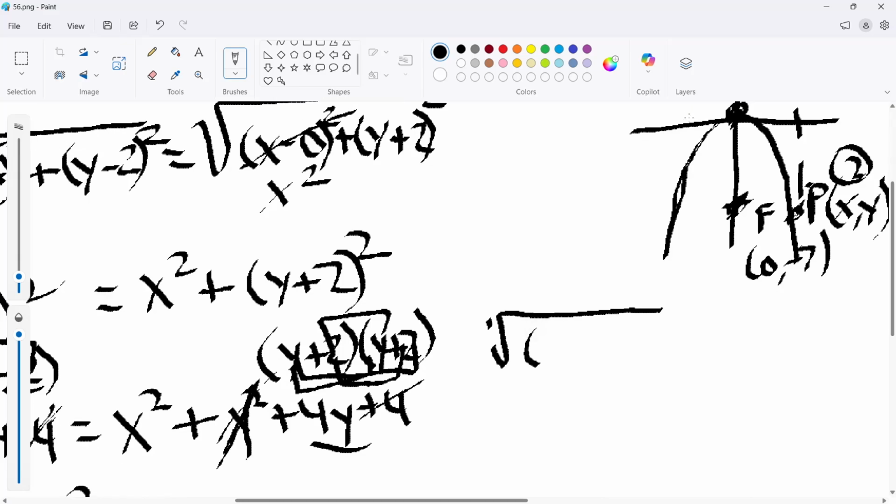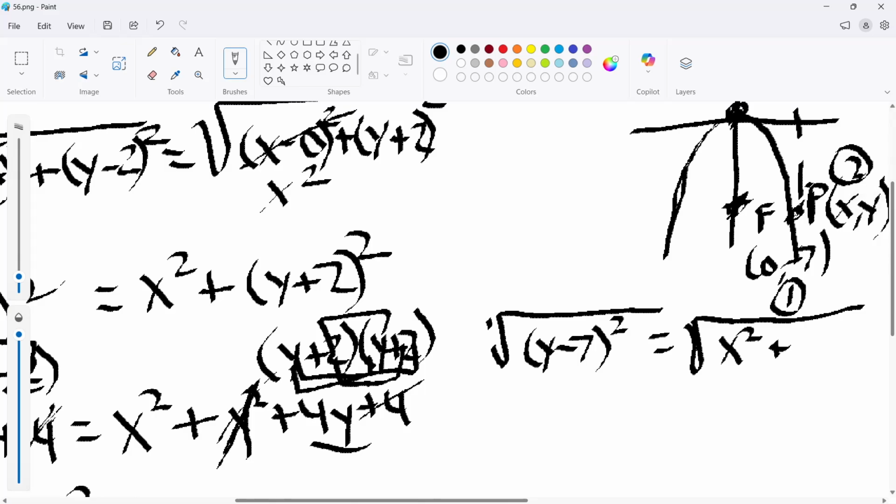So I'm just going to put that, y minus 7 squared, equals, and now I'll do the distance between P and the focus. x2 is x, x1 is 0, so it's x minus 0, the whole thing squared, which is just x squared, plus y minus negative 7, which is y plus 7 squared.